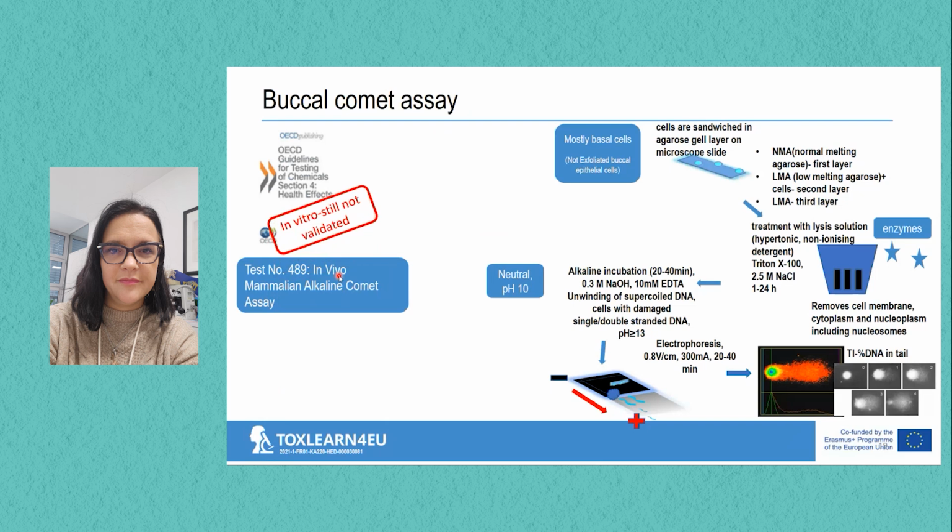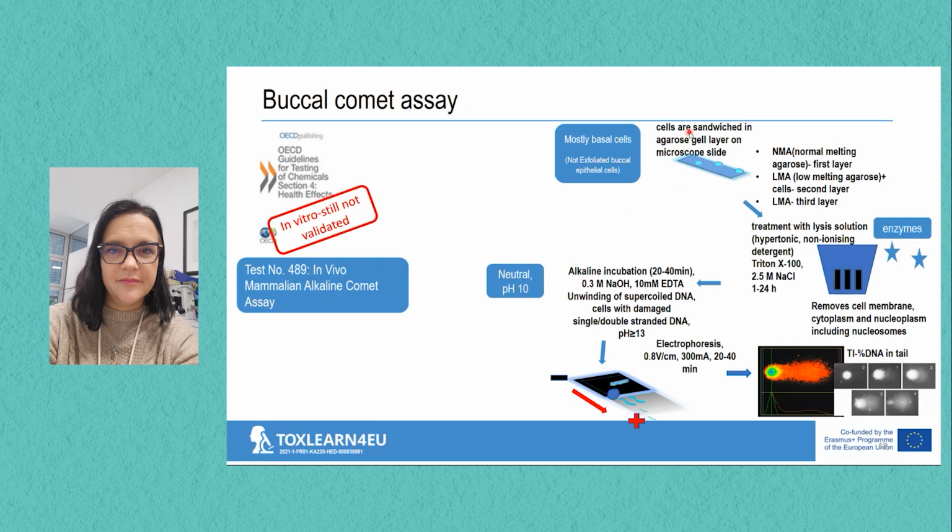The Comet assay can be done in 2 ways, depending on the type of damage that you want to check. Double-strand DNA breaks are measured in the neutral Comet assay, and single-strand breaks and alkali labile sites are measured in the alkaline version. For the Comet assay, you need a single-cell suspension.